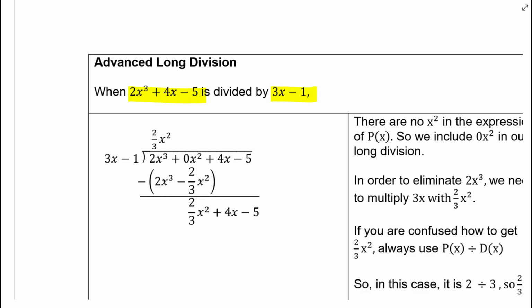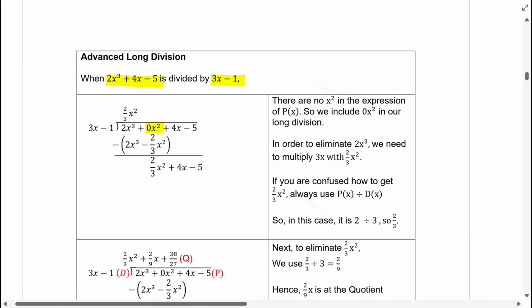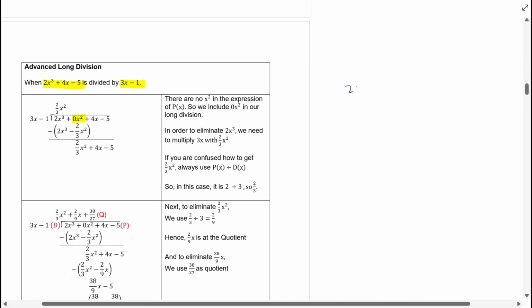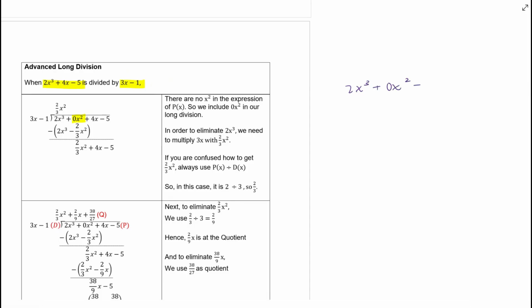So when you see a missing term, like for example here in the x squared term, you have to include a 0x squared in your polynomial when you do your long division, so it doesn't confuse your working. So let's write it out. 2x cubed plus 0x squared plus 4x minus 5 divided by 3x minus 1.